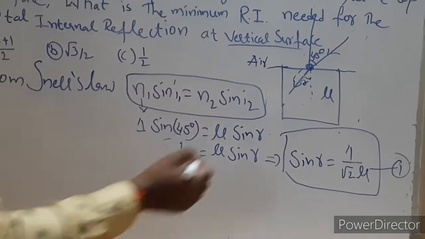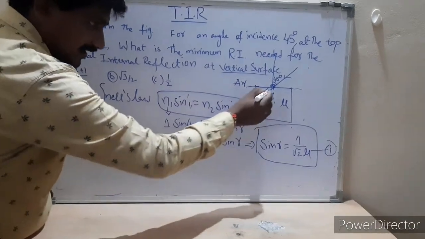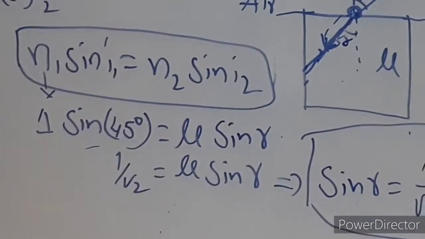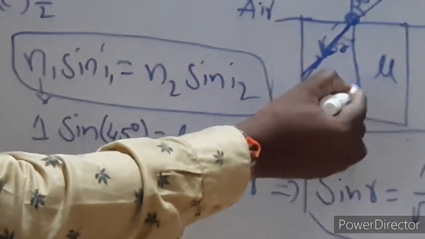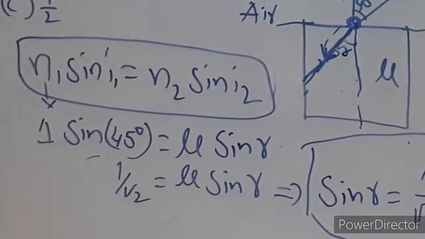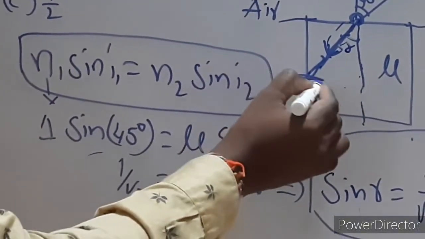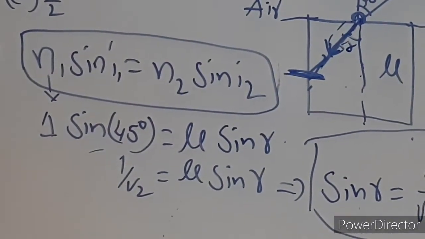Now the light ray, after bending, the refracted light ray, goes to the second refraction at the vertical surface. So the light ray is moving from denser to rarer medium. While it is moving, it is supposed to undergo TIR as per the question.